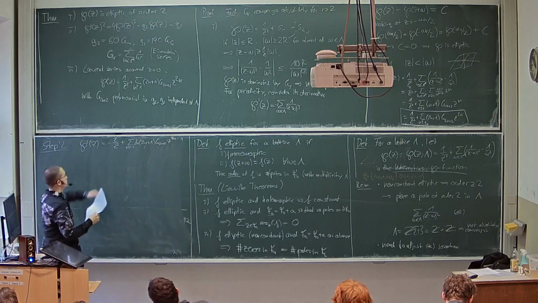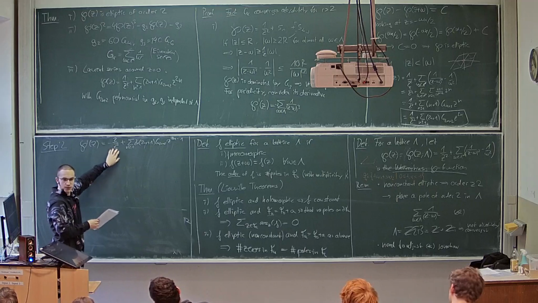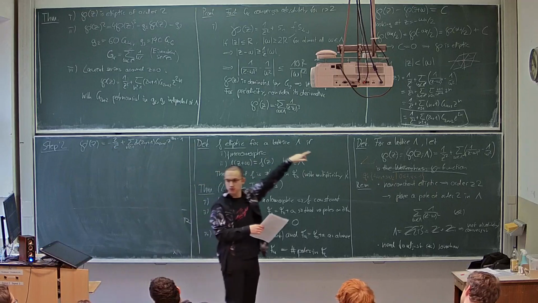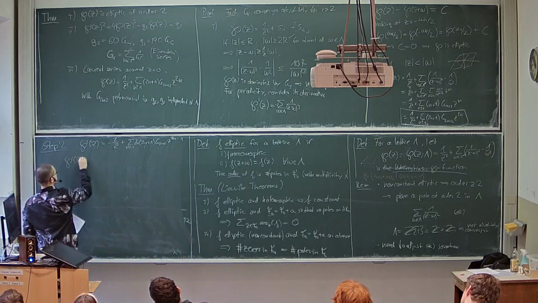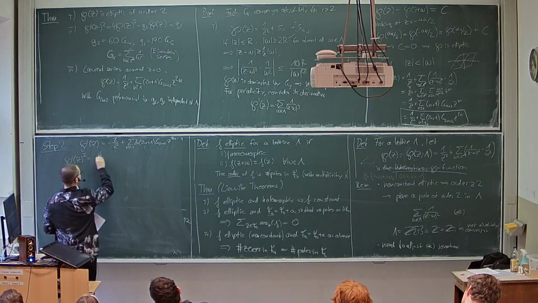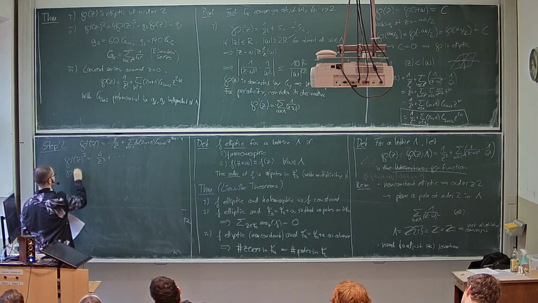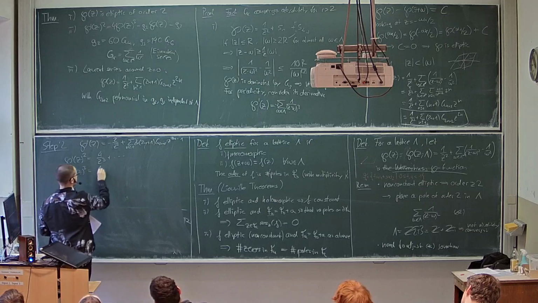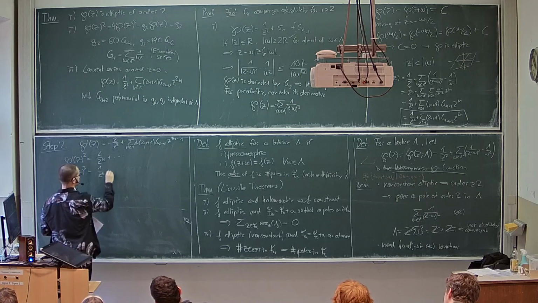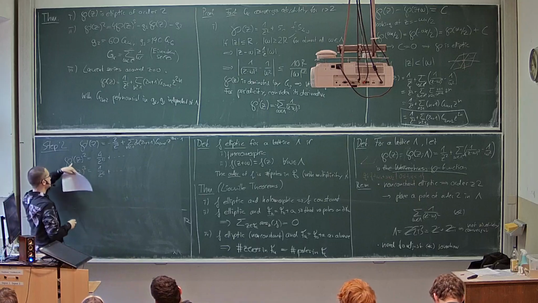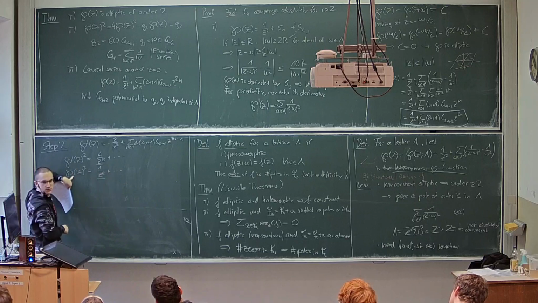And now note the essential feature. This function here has a pole of order 3 at 0. This function there has a pole of order 2 at 0. So if I take the square of this function, I get 4 over z to the 6 and some stuff. And if I take the cube of the Weierstrass P function, I get 1 over z to the 6 plus something. So by considering this function minus 4 times this function, I get rid completely of this 1 over z to the 6 part.